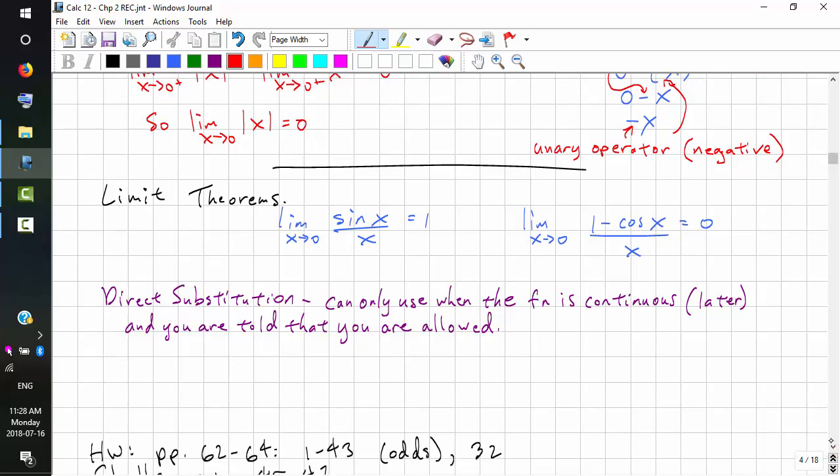And once we're confident that you understand all the limit rules, you'll be able to use direct substitution later on. On the test, be careful of when you can or cannot use direct substitution. Once we show that a function is continuous, we're allowed to use direct substitution. And that completes this lesson.